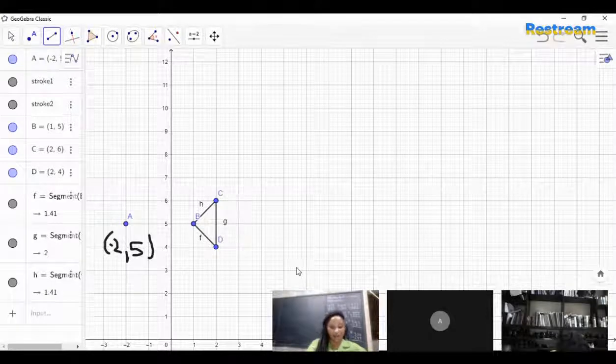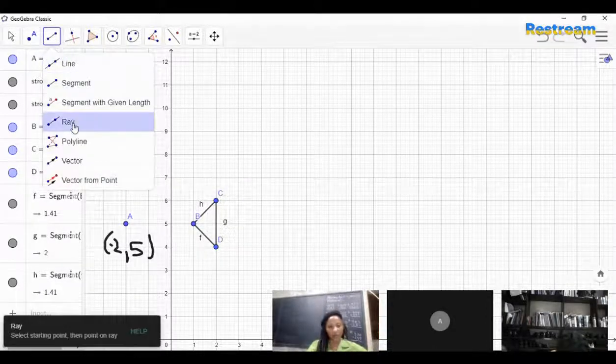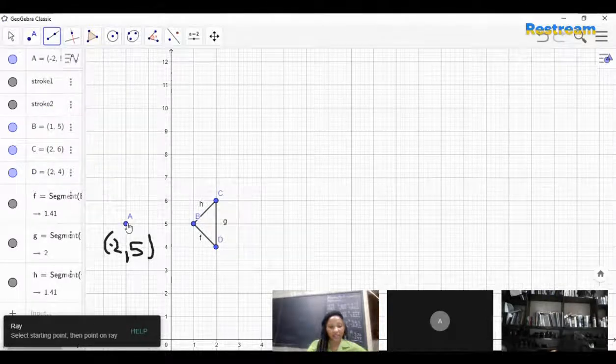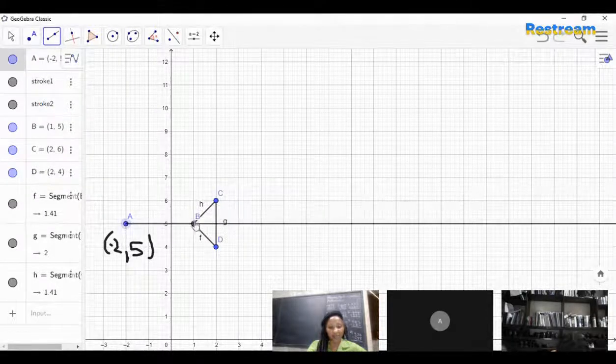Looks so small. So now we need some rays to connect from the center running through each point, right?